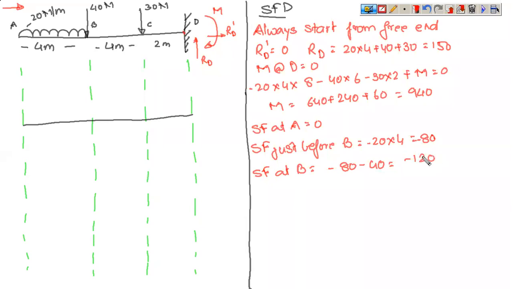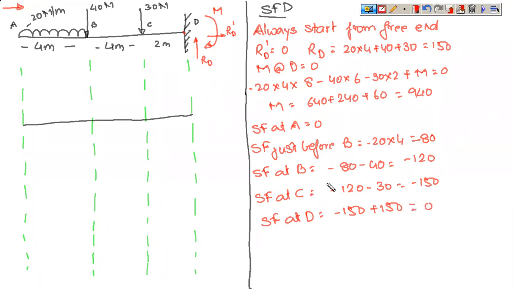This is minus 120. Now SF at C, you have minus 120 till here, then another minus 30, you have minus 150. And SF at D, you have minus 150 till here, you add another 150 here, because RD is 150, you get equal to 0.